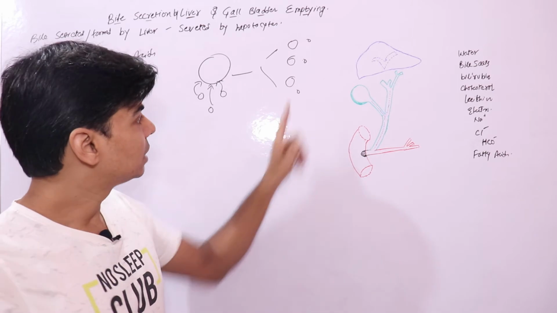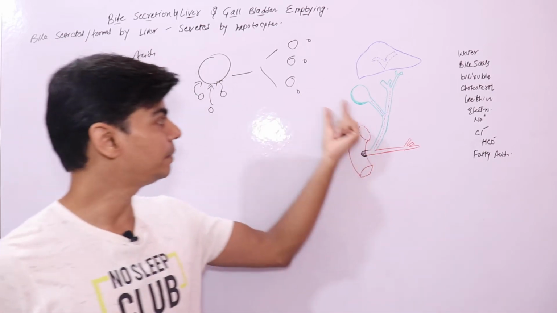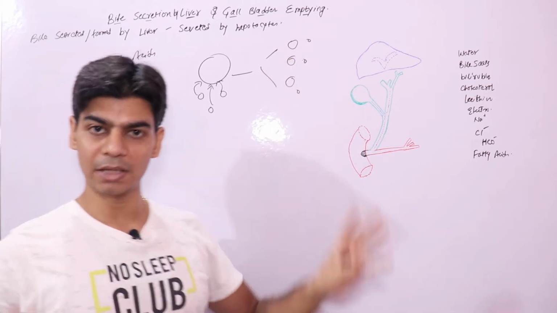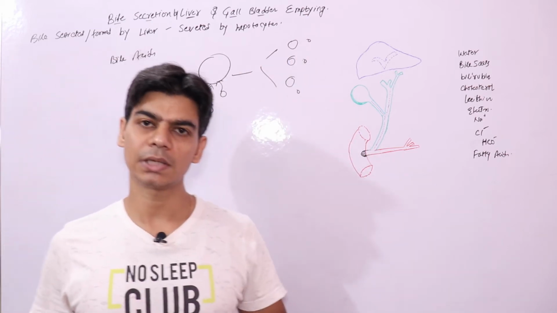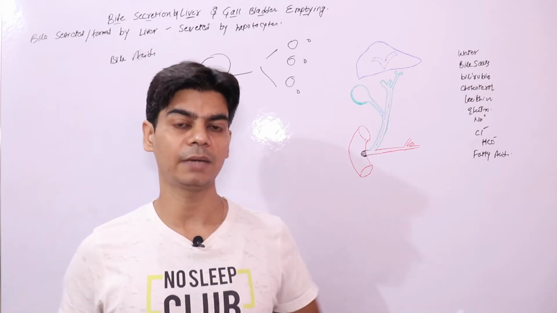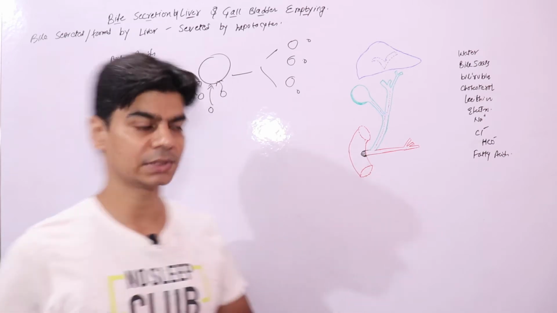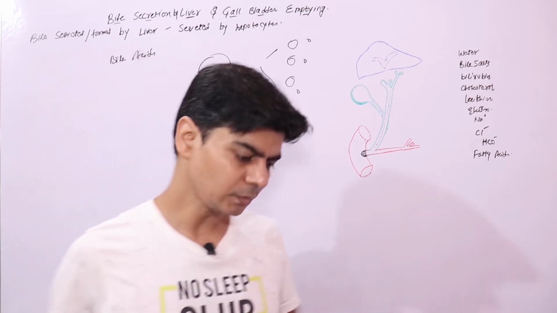Now these lipase enzymes have more area to work on. So lipases digest these small fat particles. Once digested, they are changed into fatty acids and monoglycerides, and these digested fat products would be absorbed, and this absorption is also assisted by your bile acids or bile salts.